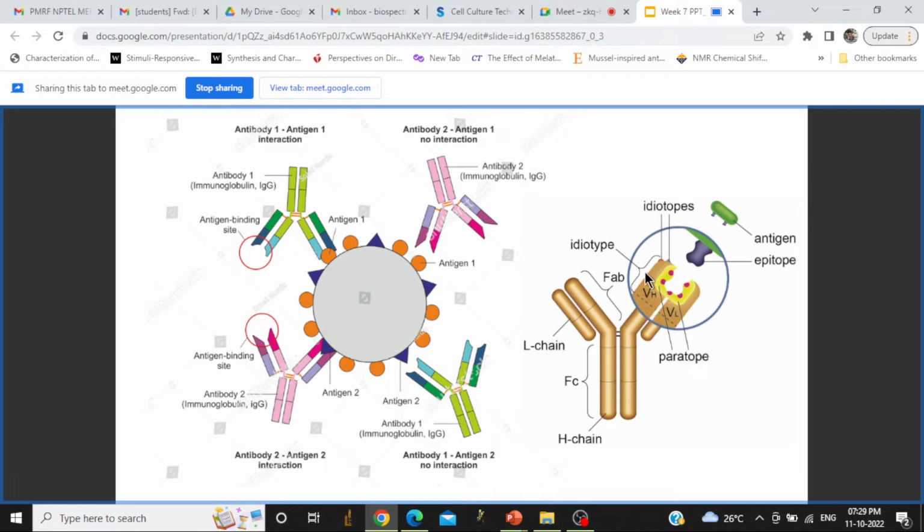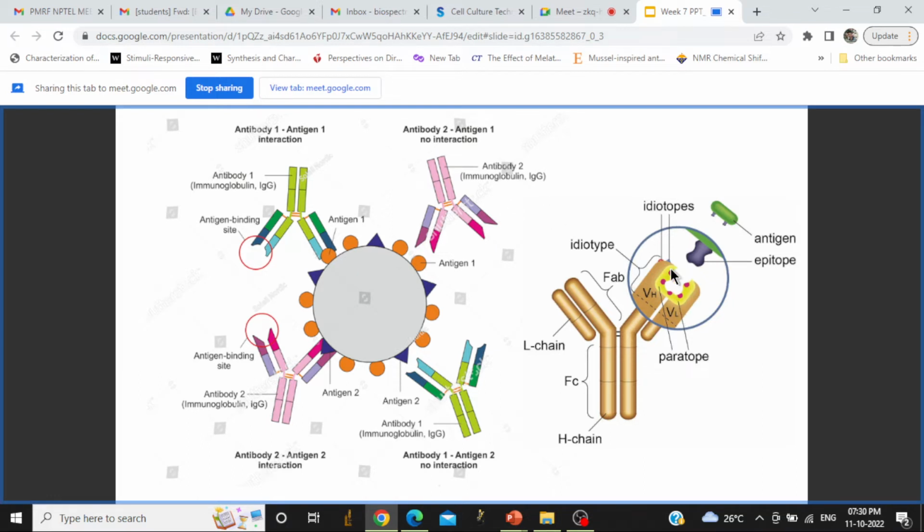Why is this called the variable region? Because this is variable. There is actually VDJ recombination. There is a recombination between some parts of these antibody proteins. So with the help of these variable regions, you will get different types of antibodies.